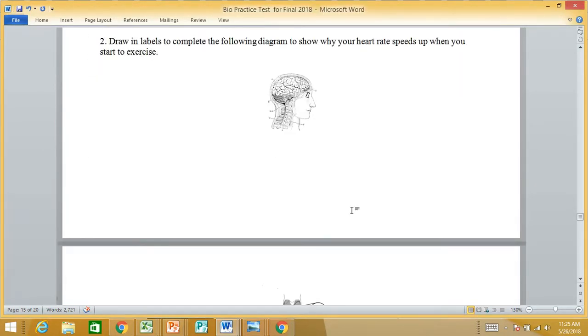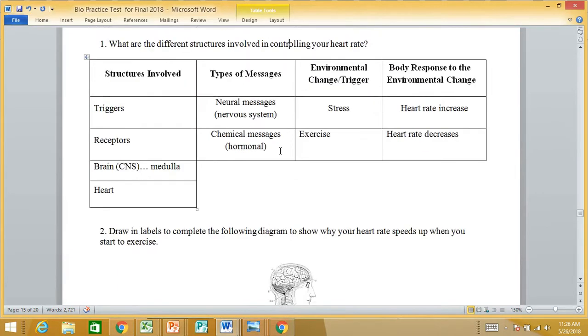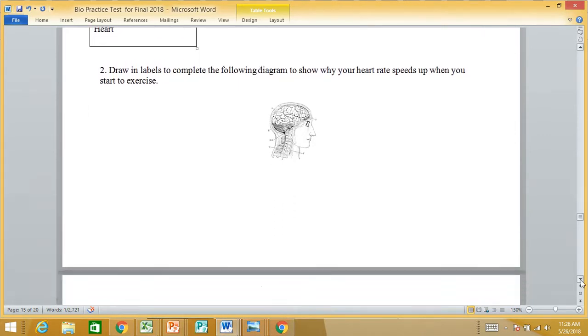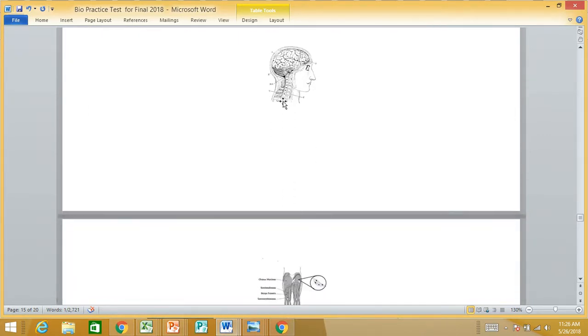Now for your next one, you're going to draw on the labels for this, and I'm just going to talk you through it right here. So when you feel stressed or fearful or you're exercising, there's an increase of CO2 in your body. And so that means that those receptors right here pick up on the fact that there's more CO2 in your body, and they send that information to your brain.